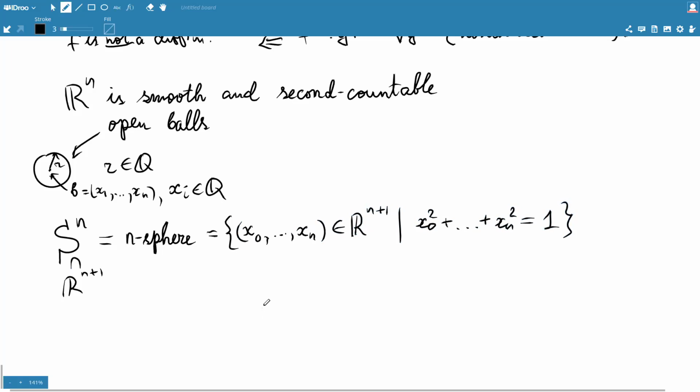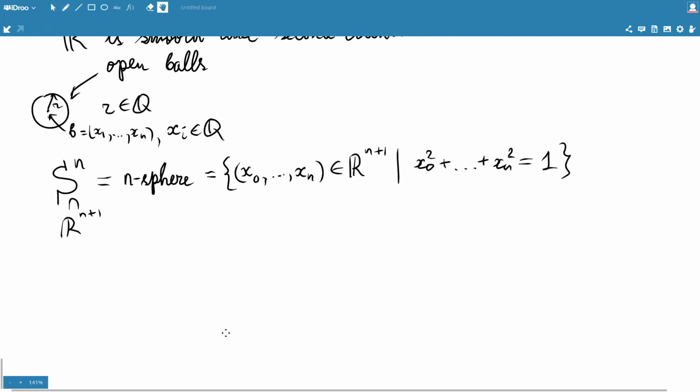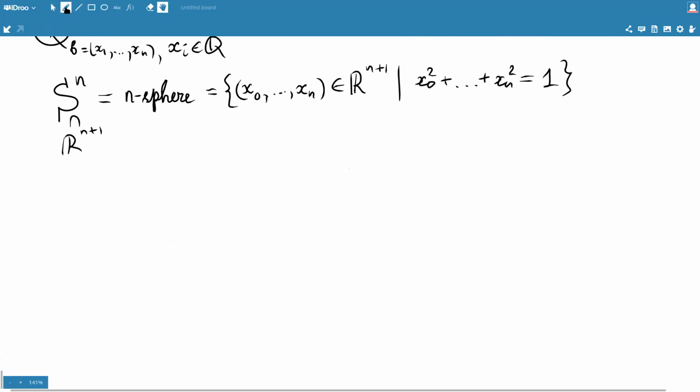How to obtain charts? There are two standard charts. Let me draw a picture. Given by, you should know this, I believe, very well, by a stereographic projection.